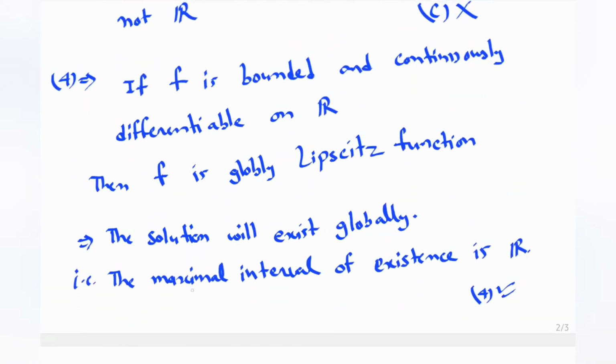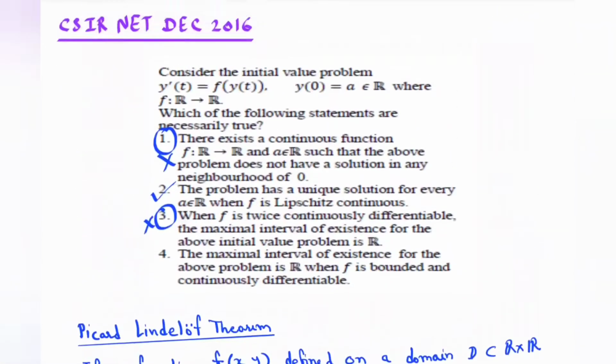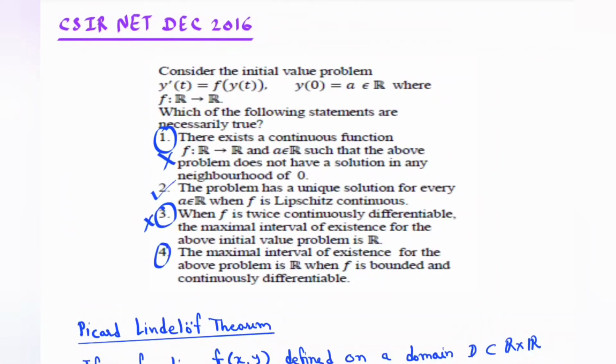So when will the maximal interval of existence be equal to the whole real line? When f is bounded and continuously differentiable. So option 4 is correct. In conclusion, options 2 and 4 are correct, and options 1 and 3 are incorrect.